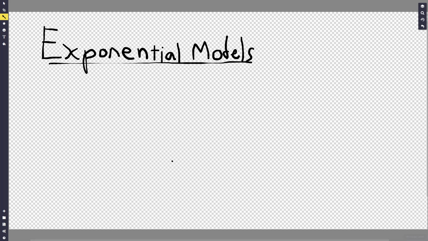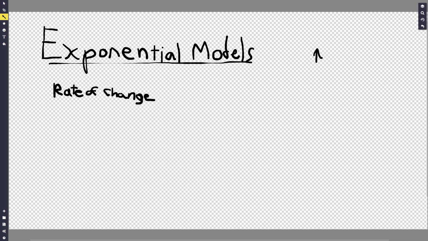So the first thing we're going to be discussing in this video is interpreting the rate of change of exponential models. So rate of change, okay? You guys may recognize rate of change and you're like, oh, well, that's slope, right? But in this case, we're talking about exponential models.